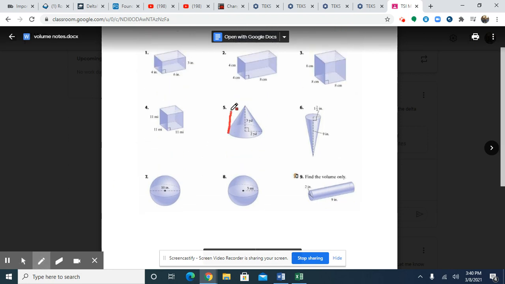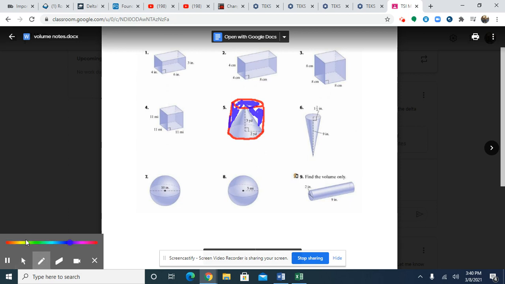So if we were to create a cylinder around this cone, we could see that the cone fits inside of a cylinder. Of course, it doesn't fill out everything. There's still some empty space. You can see all this area right here that I'm filling out. That's empty space. So how do we account for that?